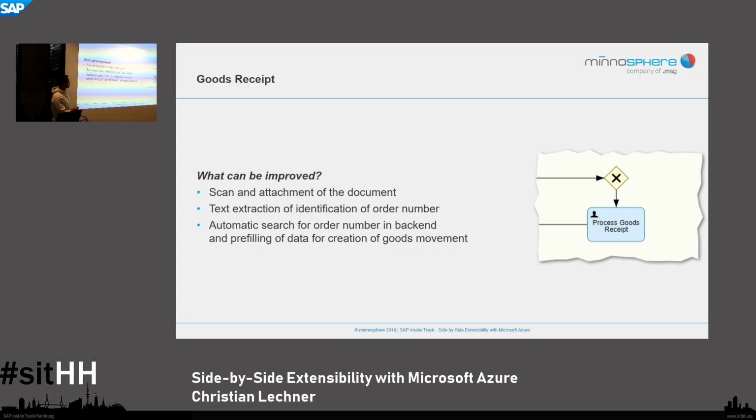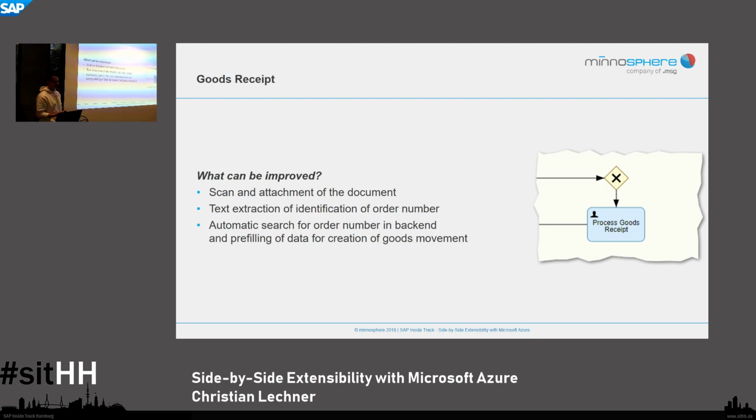We can do a text extraction, so we can identify the purchase order number that is anywhere on the document and make the lookup automatically. We can then search in the backend and make a pre-filled UI with all the stuff that's in the system, so that the guy who enters the data only has to enter the numbers and then send. So that would be the way to go.